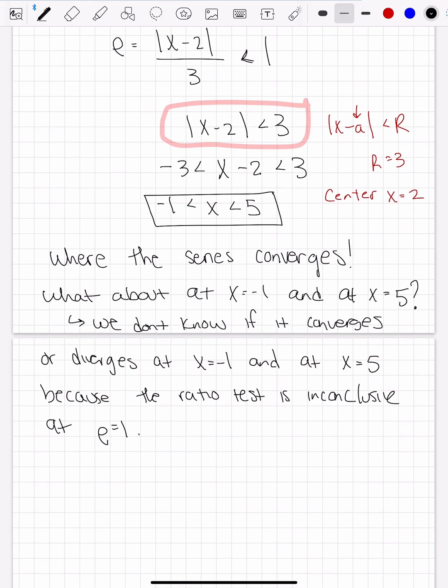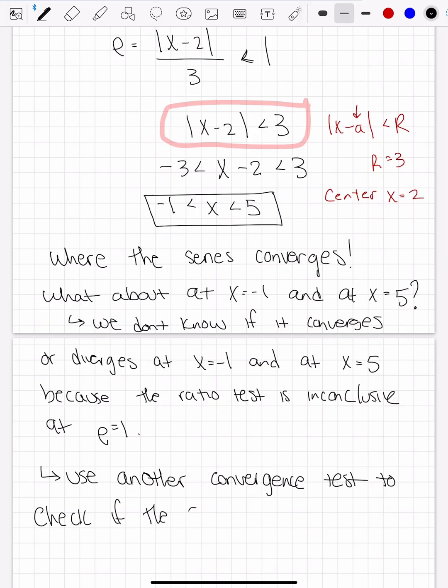So now we need to use another convergence test to check if the series converges at x equals -1 and at x equals 5.